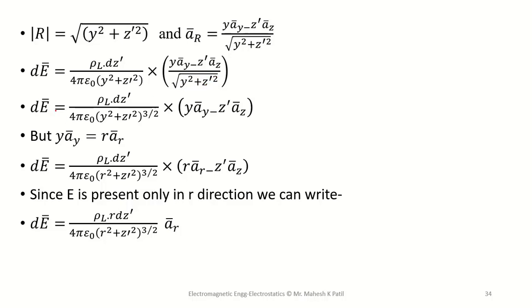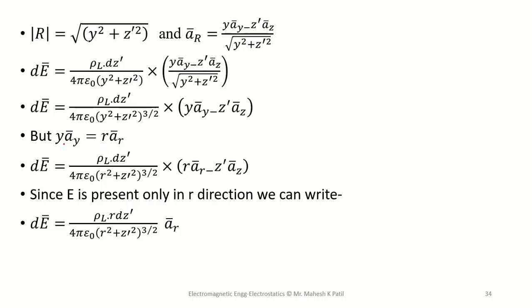If we simplify this, we'll get dE as rho L dz dash upon 4 pi epsilon naught, y square plus z dash square raised to 3 by 2, into y a y bar minus z dash a z bar. But in our case, y a y bar is along the radius, because we already considered the cylindrical system.